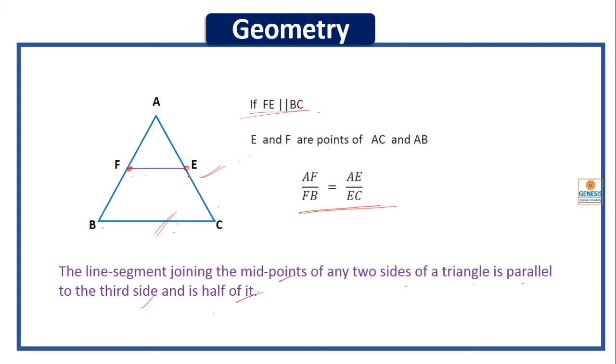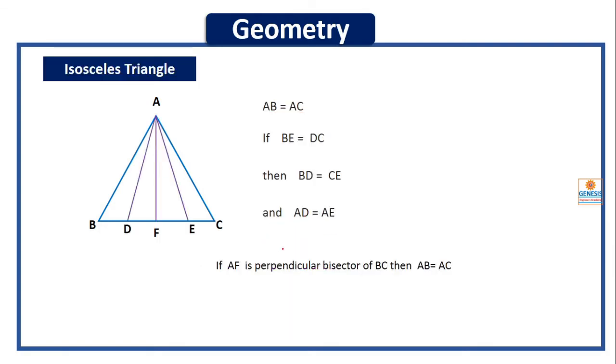If E is the midpoint of AC and F is the midpoint of AB, then FE is parallel to BC and the length of FE is equal to half of BC. Next, I will discuss this later.